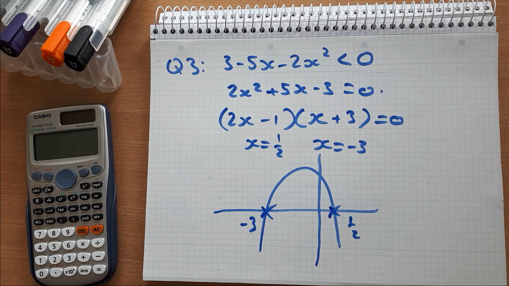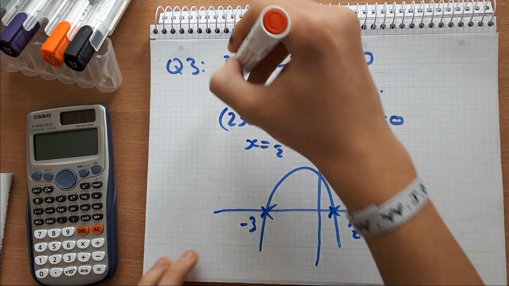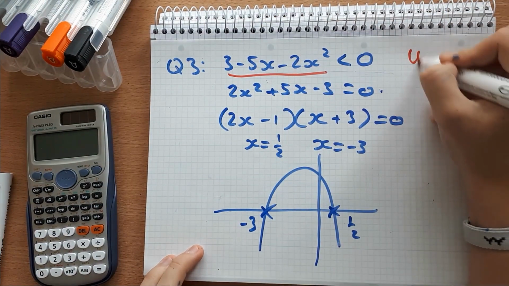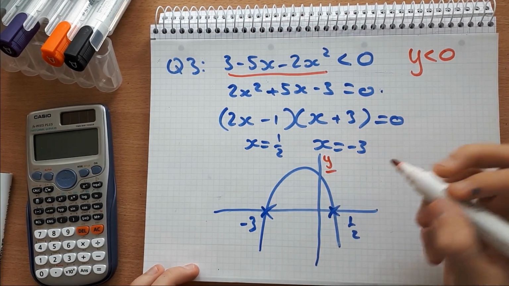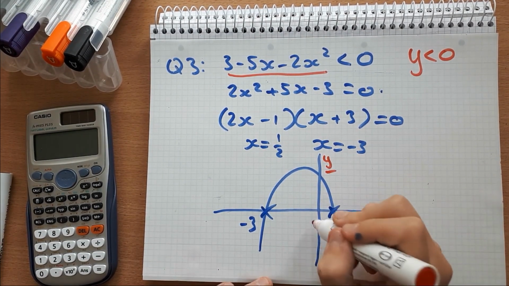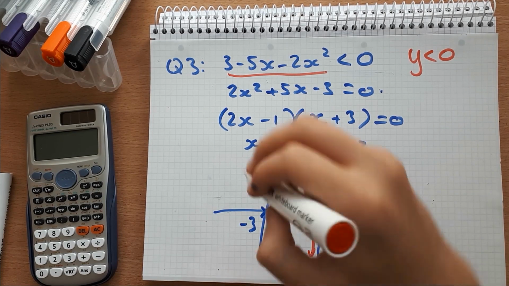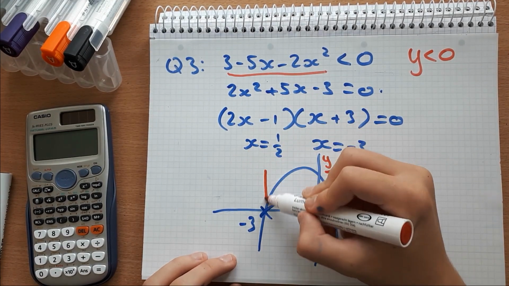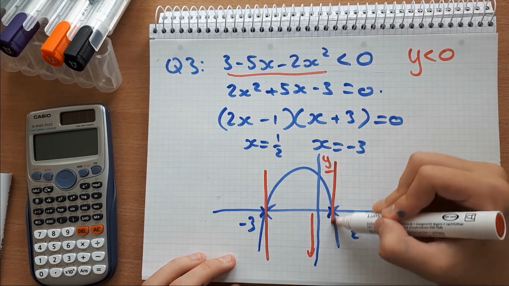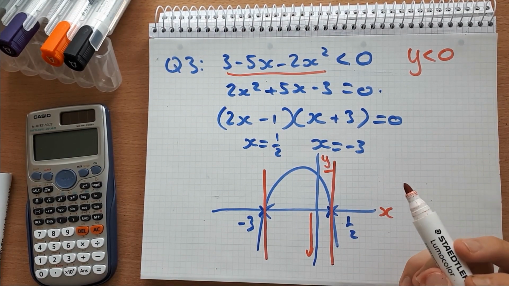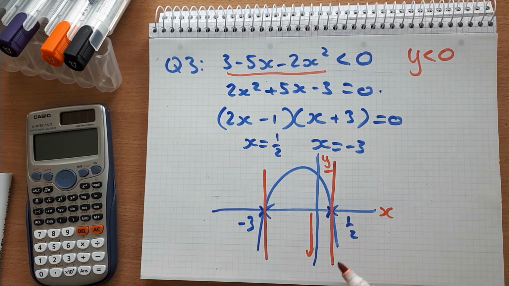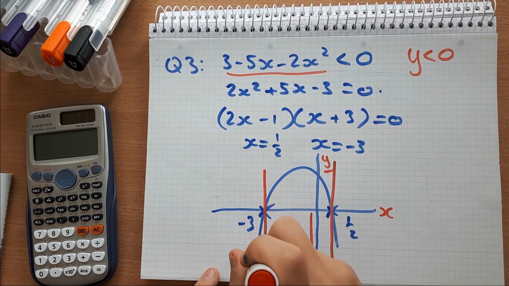So using our red pen, we have y here. Y is less than 0. So here's y here, here's x, and then y is less than 0 here. If we draw our lines here and here, where in the curve is y less than 0? Y is less than 0 this way, this way here.